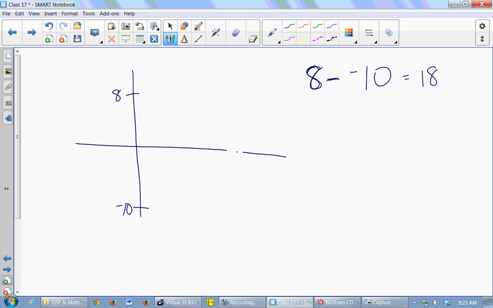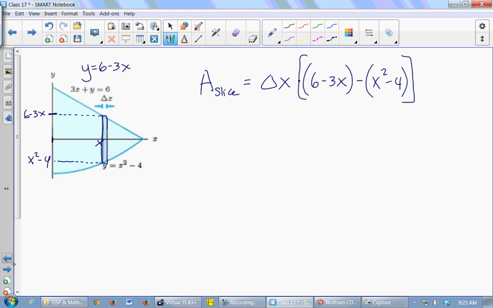Does that make sense? Or I could have written 8 plus 10, also 18. It's just preference, I guess.